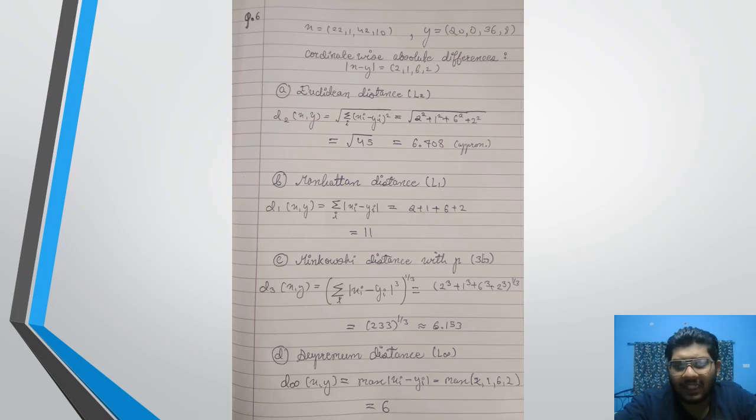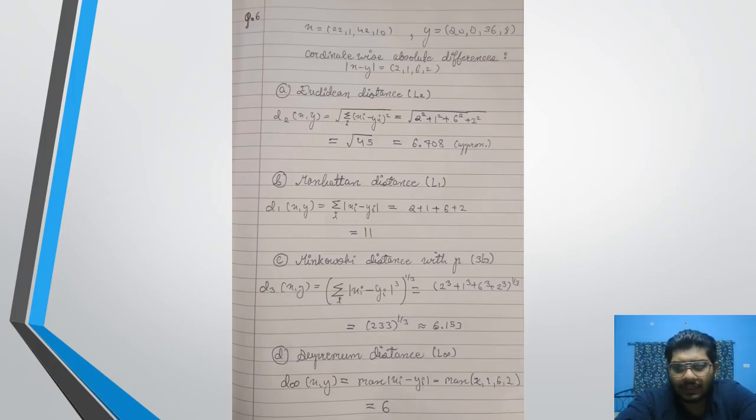Minkowski distance with p equals 3, d3(x,y), is the sum of |xi minus yi| to the power 3, and the whole to the power 1 by 3. Putting in the values, we get 2 cubed plus 1 cubed plus 6 cubed plus 2 cubed, the whole to the power 1 by 3.